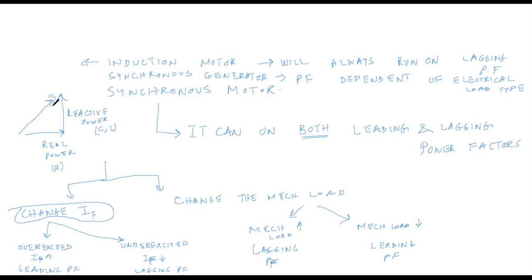The third side is called the apparent power. K Electric charges you for the apparent power. And you already know that the power factor is cos theta of this angle, which is the ratio between the real power and the apparent power. So if the power factor is close to unity, this triangle will look like this.